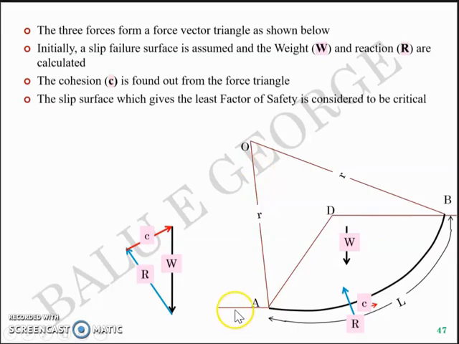Just like in the previous example that we discussed in the Swedish circle method, you'll take ADB and let's assume that you get a factor of safety of 2, and the next iteration will have ADB dash, where B is somewhere here, and the factor of safety that you get would probably be, let's say, 1.5, and the next iteration you take would be ADB double dash, where you get a factor of safety of 1.1, and finally you consider the factor of safety 1.1, the least value, and that slip surface which corresponds to the least factor of safety is considered to be critical, which means as an engineer you are targeting that slip surface and you need to reinforce that slip surface.